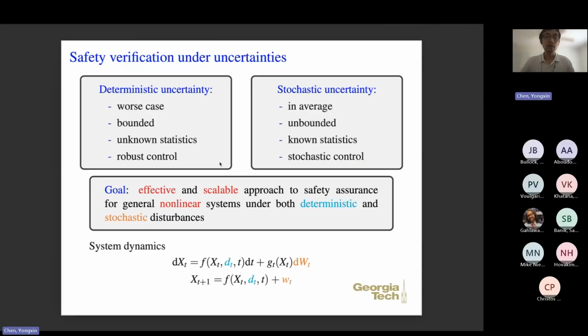That's a very interesting question. I think it depends on what type of model uncertainty we have. Here, because we already consider deterministic uncertainty and stochastic uncertainty, this DT in principle can capture one type of model uncertainty. Basically, this is the delta model people use when the delta is only known to be bounded in a certain way.